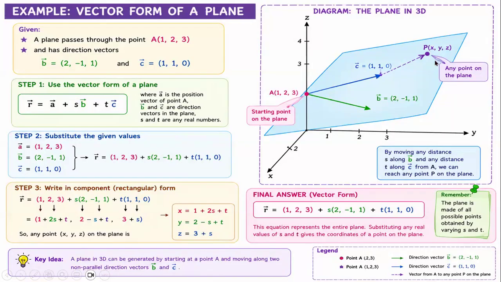So any point on the plane, P is equal to X, Y, Z. By moving any distance S along B and any distance T along C from A, we can reach any point P on the plane. So the final answer is the one that we just substituted here, in this form according to the equation. A point to remember: the plane is made up of all possible points obtained by varying S and T.